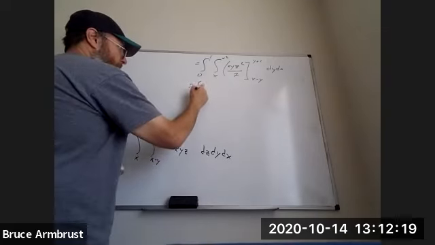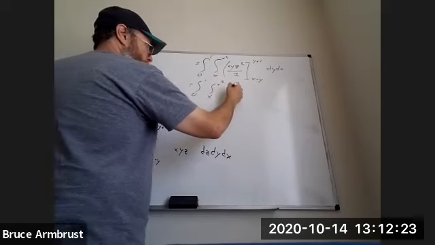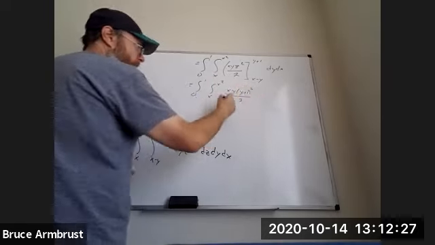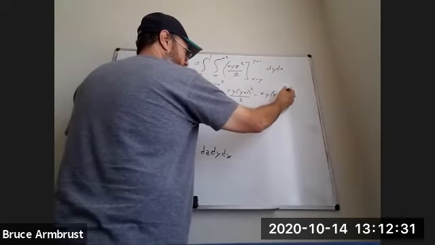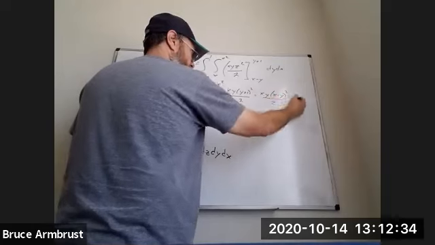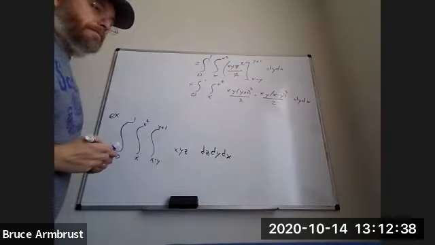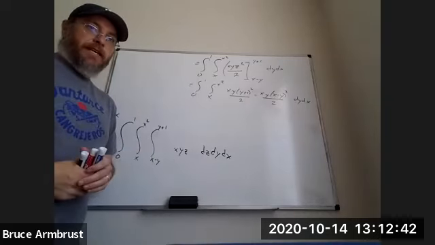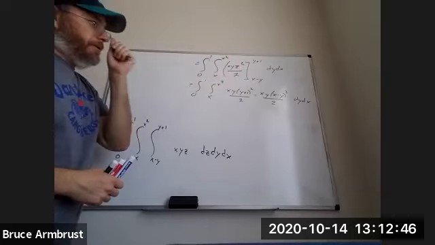So we'll go ahead and put those bounds in. We're going to get xy times (y plus 1) squared over 2 minus xy times (x minus y) squared over 2 dy dx. So there was our first step. We just dealt with the z's. We plugged in those innermost bounds, and now we're here.